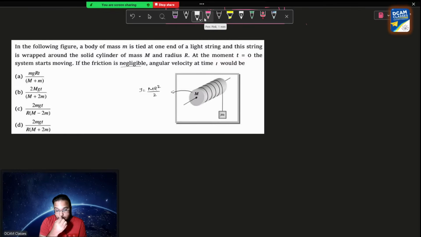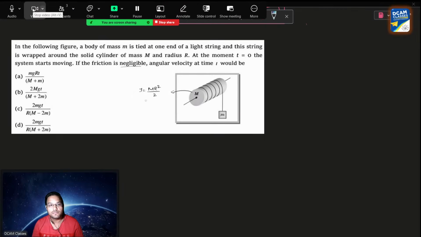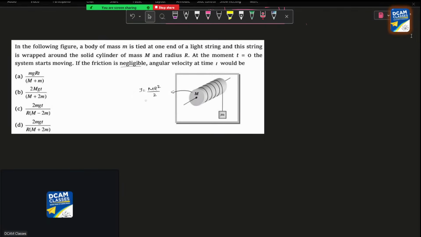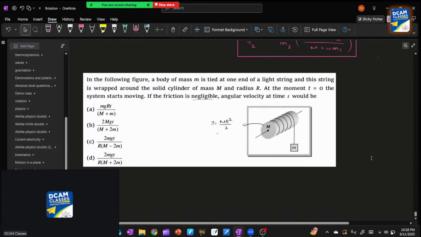Are you able to? Are you put the charger?